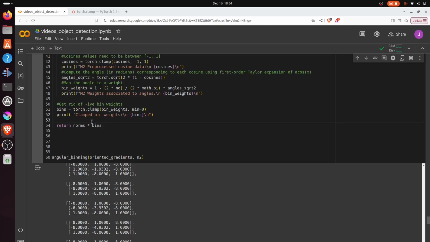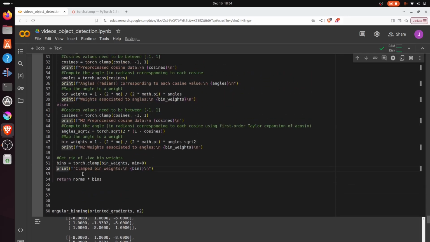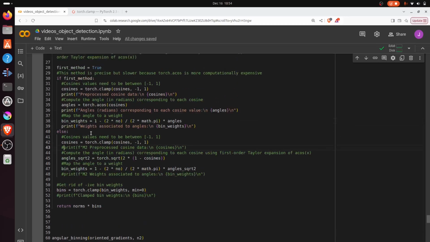And that is going to give us, and let me comment everything out because we have already visualized it, so that we can clearly see the output.